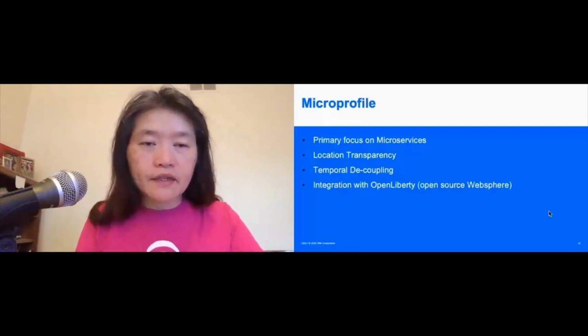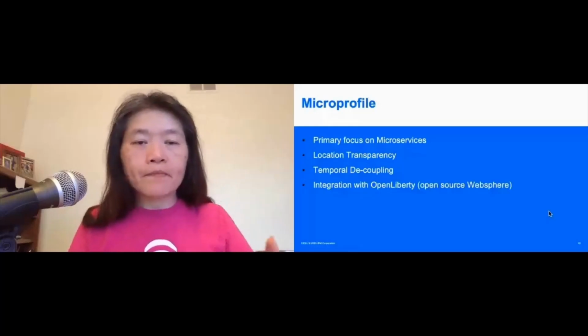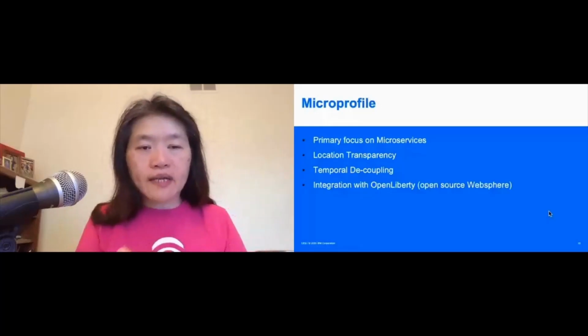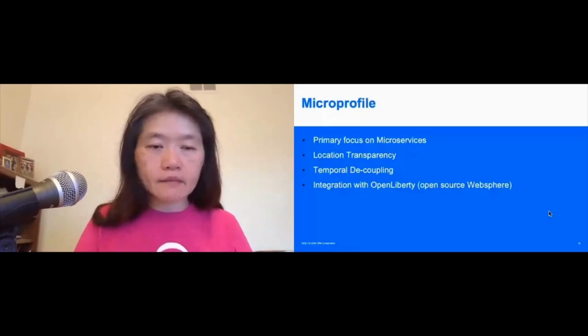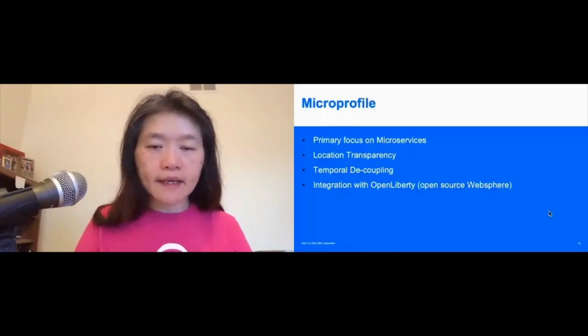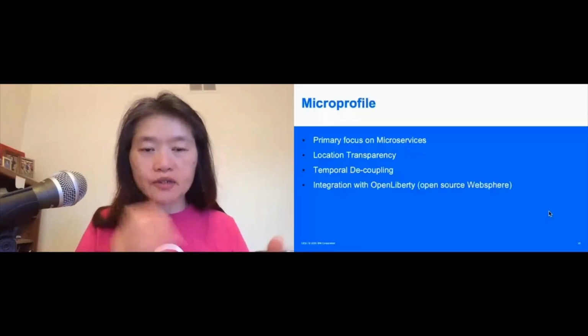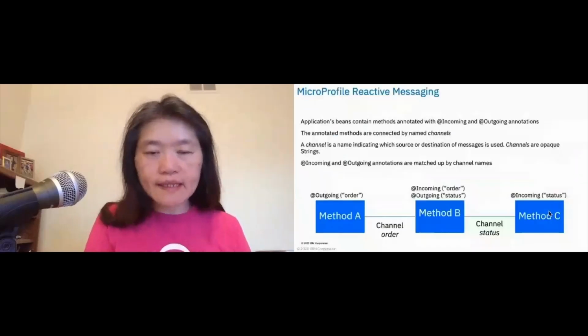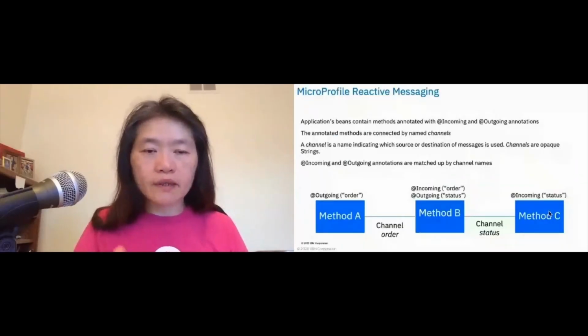Just to give you an example, MicroProfile Reactive Messaging relies on annotated methods. You can annotate your method, marking it outgoing or incoming. These methods are connected to channels that are named channels. In this case, the example is that method A has an outgoing order channel.